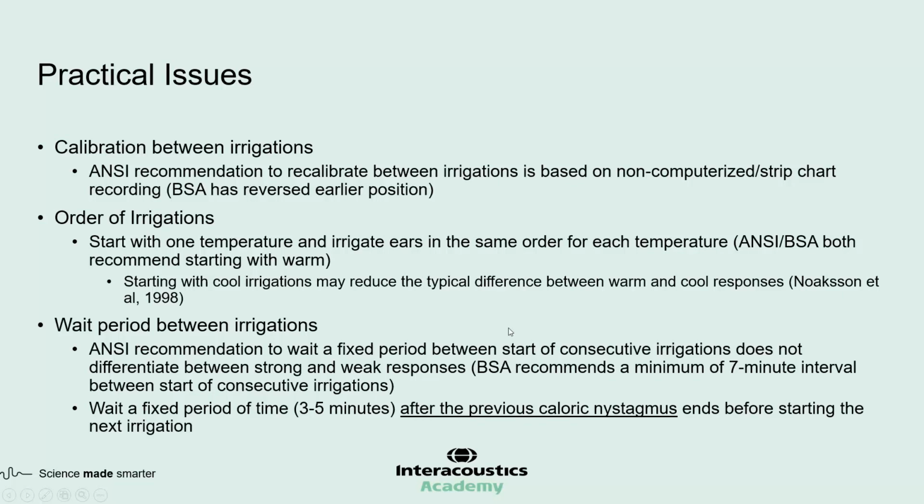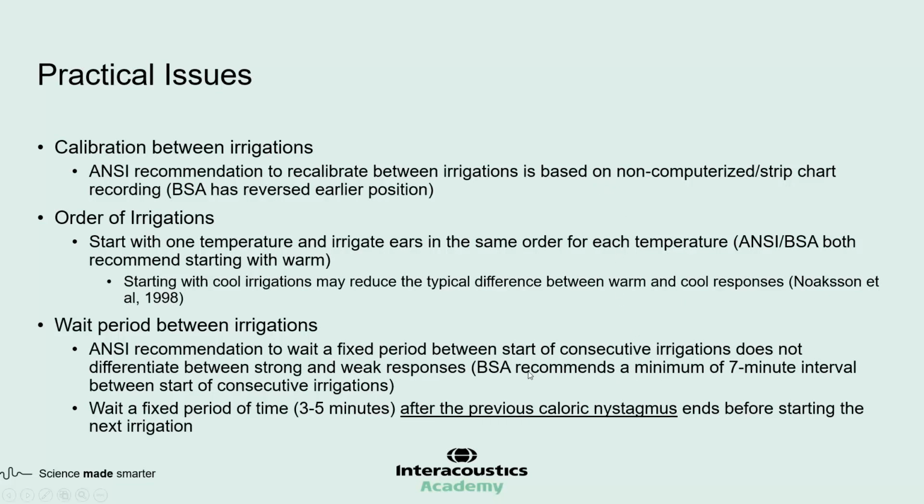As for how long you should wait between irrigations, ANSI recommends a fixed period of time, around 5 minutes, between the start of consecutive irrigations. This recommendation doesn't differentiate between a person who has a very strong response and somebody who has a weak response.